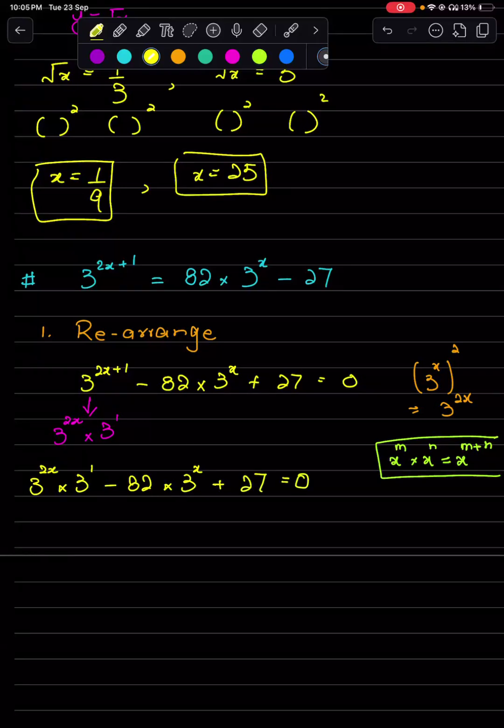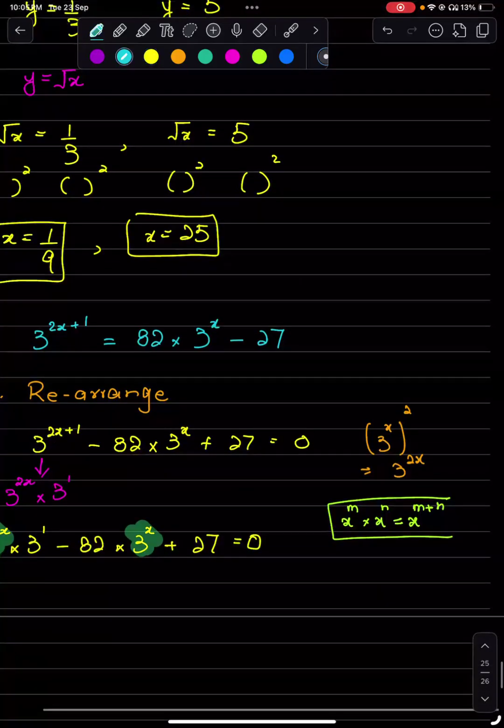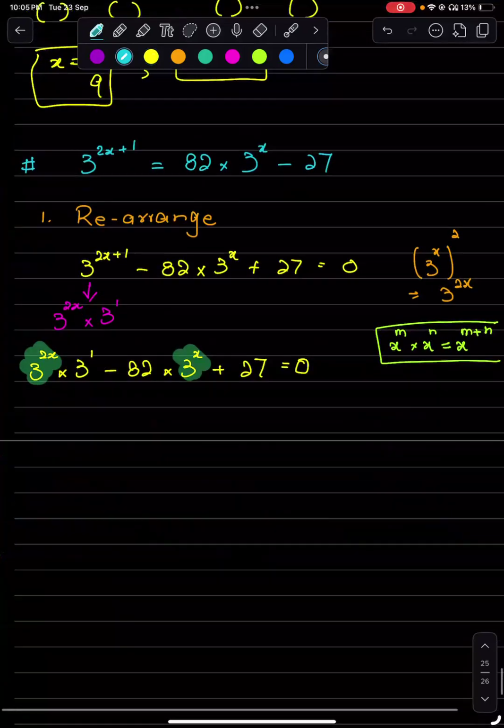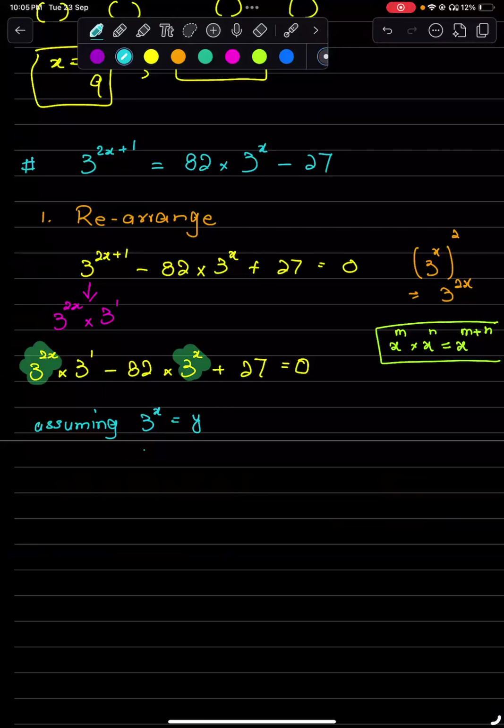Now these two terms are double of each other. Assuming 3 to the power of x is equal to y, and if I take the square on both sides, 3 to the power of x whole to the power of 2 is equal to y squared, and that is actually 3 to the power of 2x is equal to y squared.